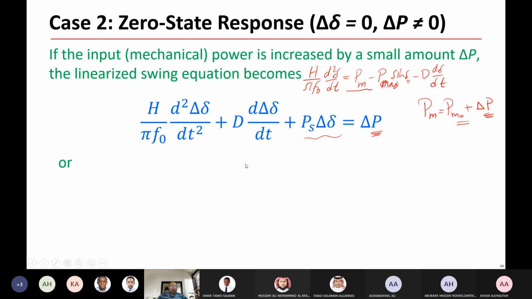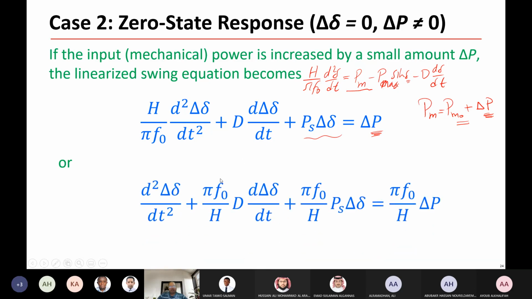Again, you can put this in the standard form of the second order system, s square plus 2 zeta omega n s plus omega n squared. In this case you have this definition of omega n and zeta, and you can relate them with delta P. If you multiply by this coefficient in order to put it in standard form, where the coefficient here is 1, this becomes the equation.